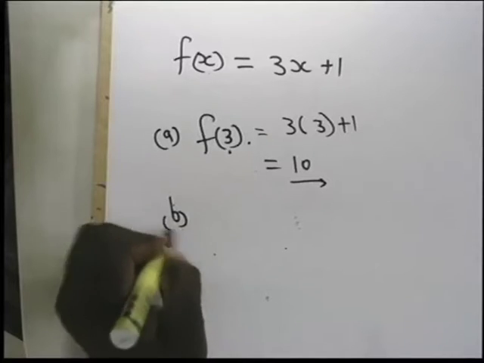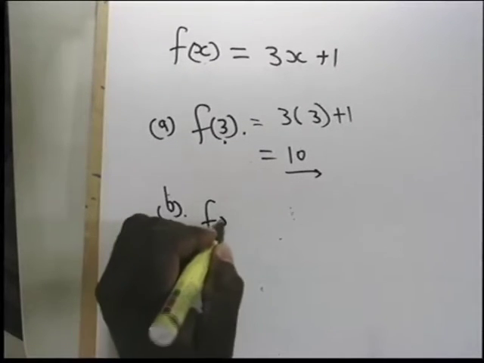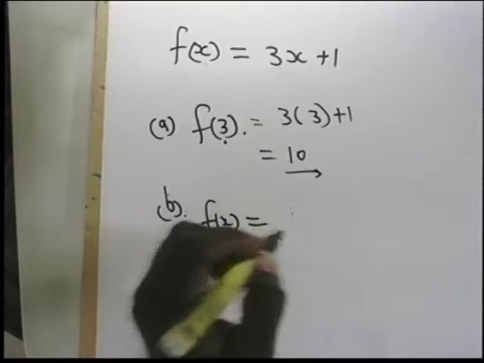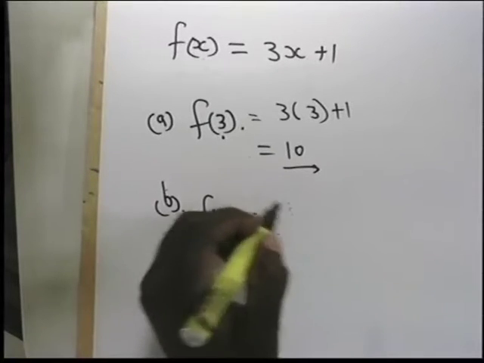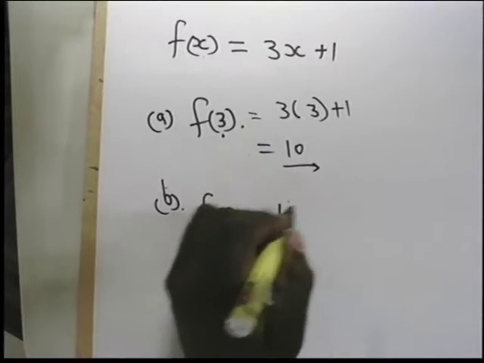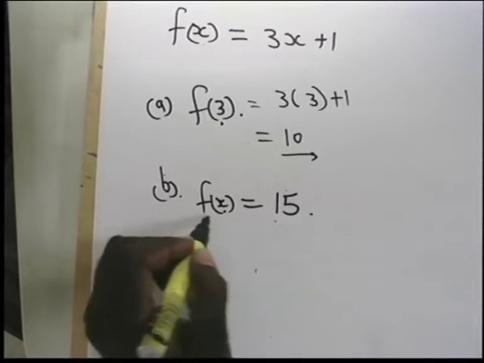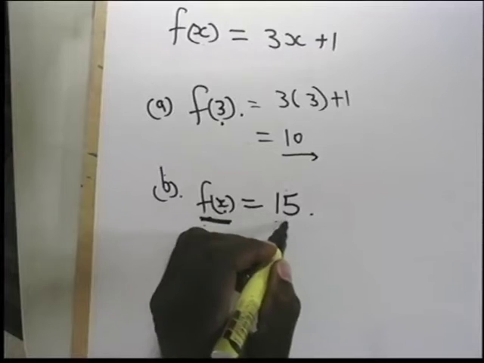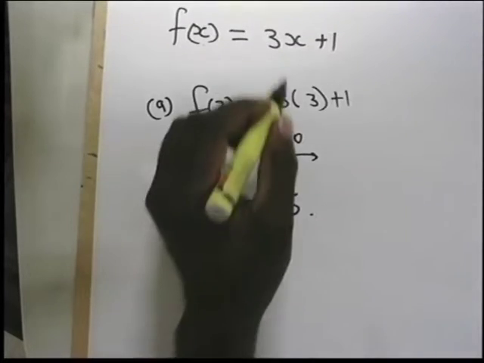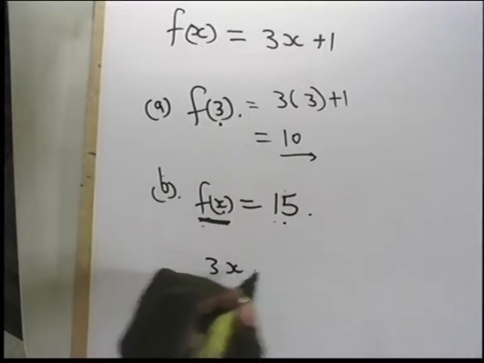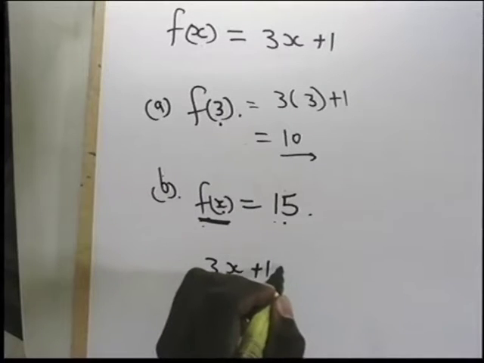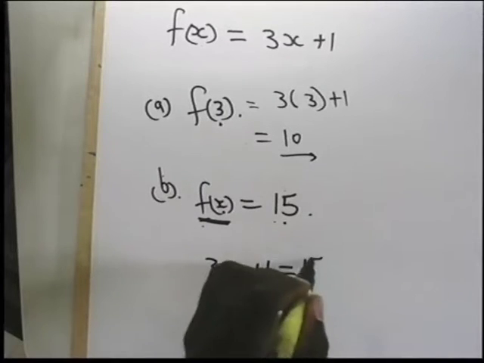Or alternatively, we might also be told to find x when f of x equals 15. Now in this case, x is at its place, so f of x should be equated to 15. It would mean 3x plus 1 should be equated to 15.